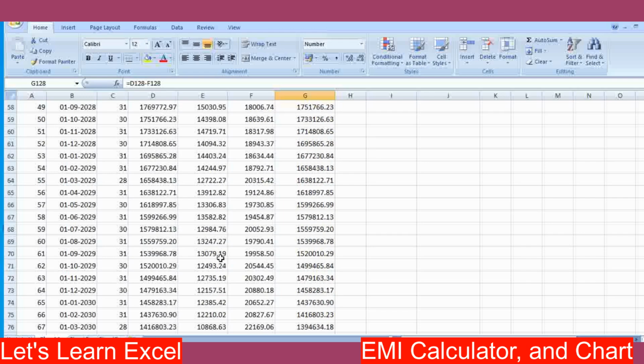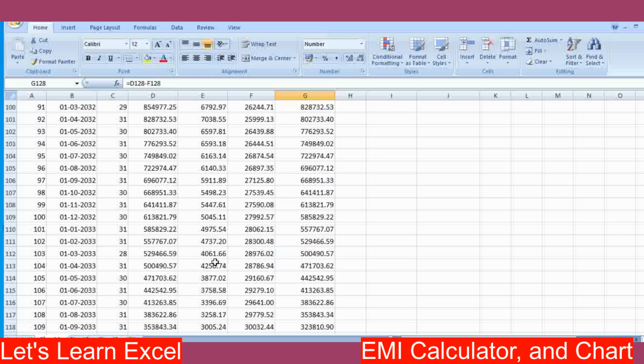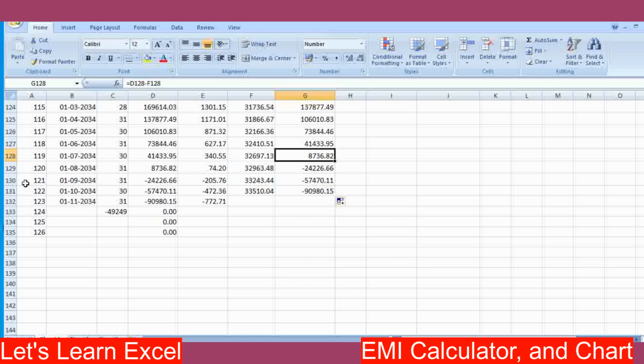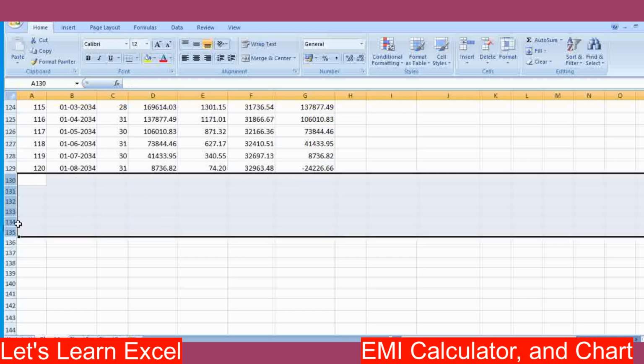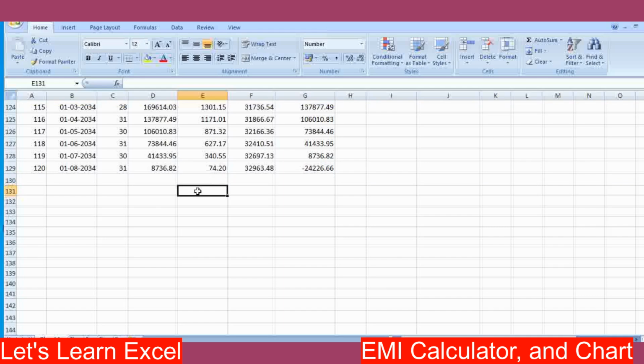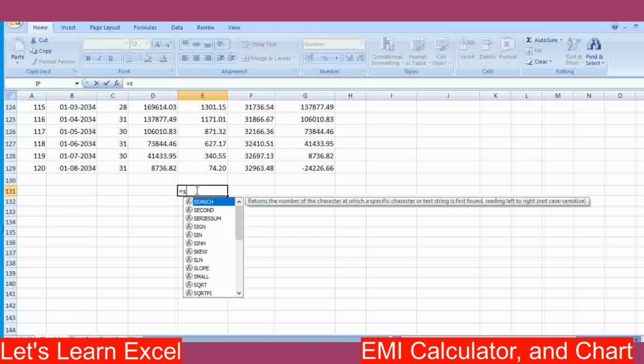Okay, now we can find out the total of this. So at the end of this, let us remove these lines. Okay, now this is the interest field. Now we can total. Okay, total sum.